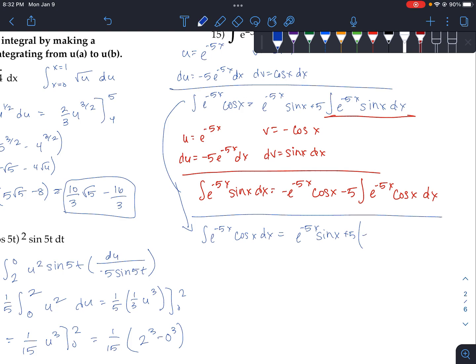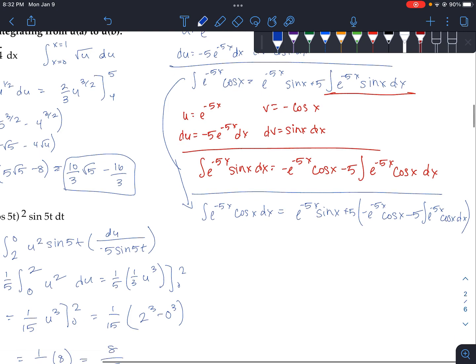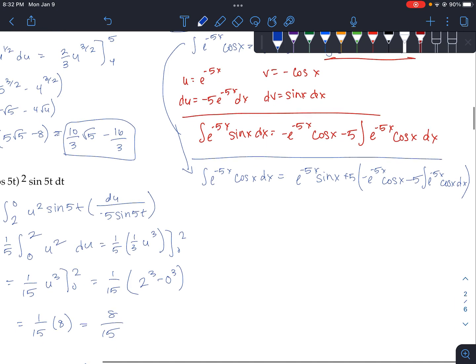So that's going to be negative e to the negative 5x cosine of x minus 5 integral e to the negative 5x cosine of x dx. So all of that. Now I'm going to distribute that 5 to both of these terms.